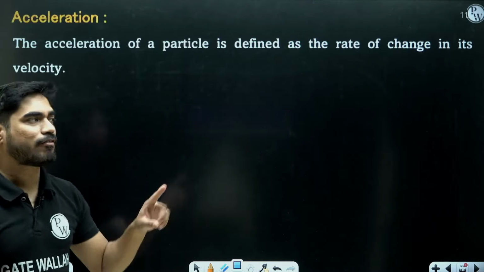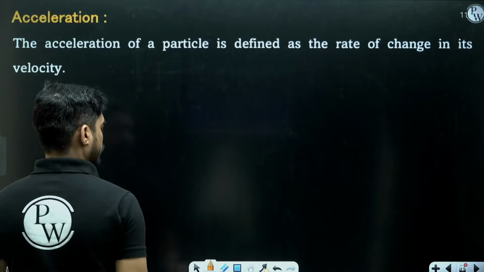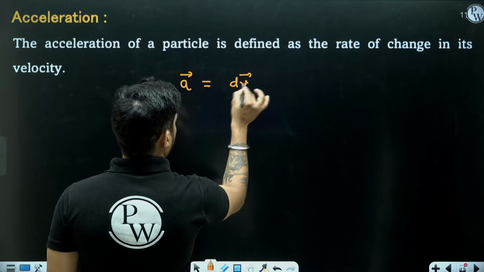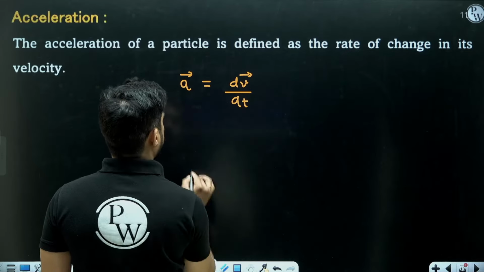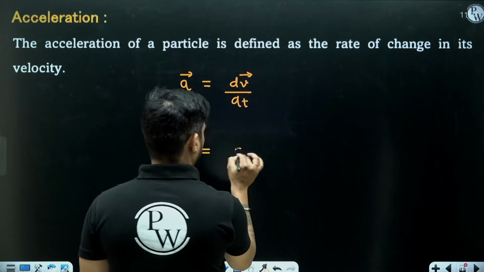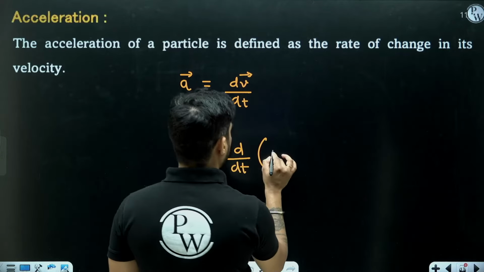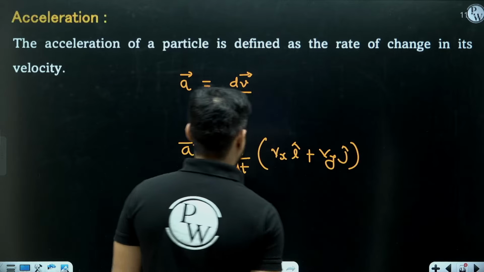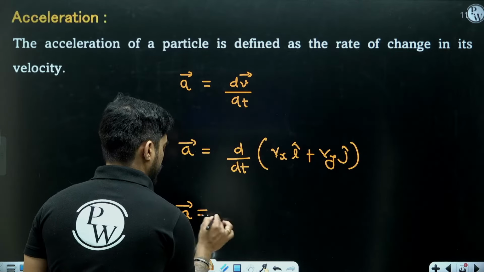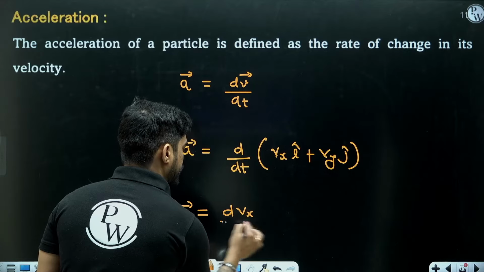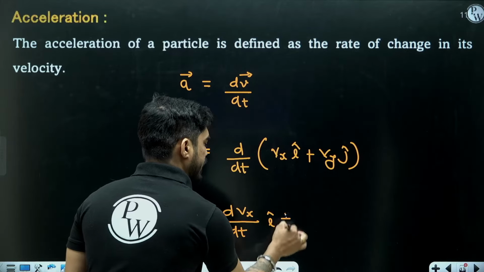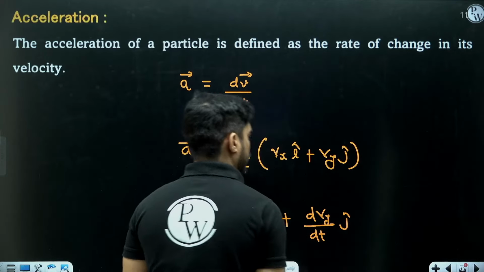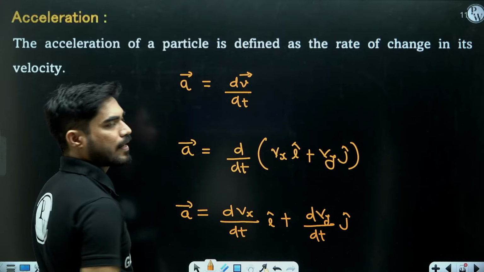In the same way, we can find out the acceleration also. A is equal to dv by dt, right? So it will be d by dt of (Vx i cap plus Vy j cap). So it will become dVx by dt i cap plus dVy by dt j cap. Now what is dVx by dt?